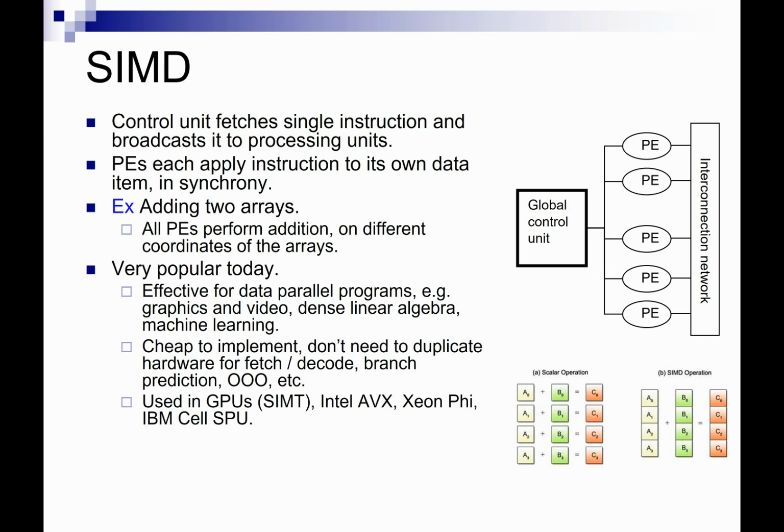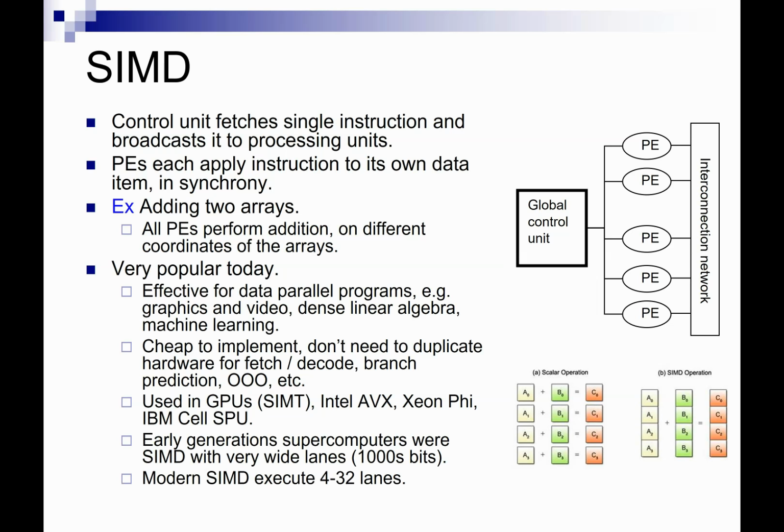Examples of SIMD processors would be things like GPUs. Well, they actually use something called SIMT, but it's very similar to SIMD. You also have, for example, the AVX instructions in Intel processors, and those are SIMD operations. The IBM Cell processor also has SIMD processors, the SPUs.